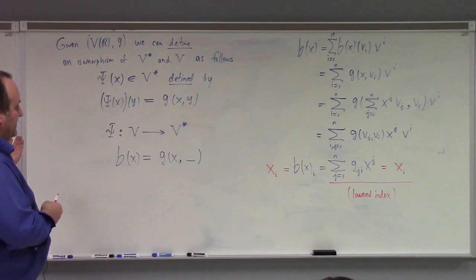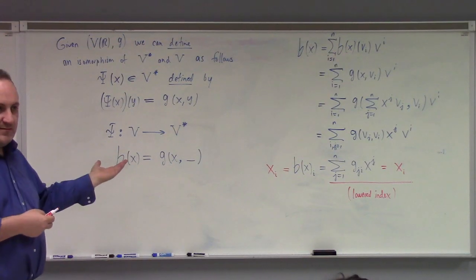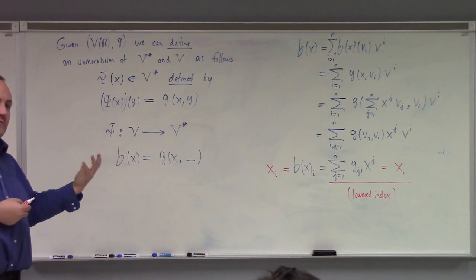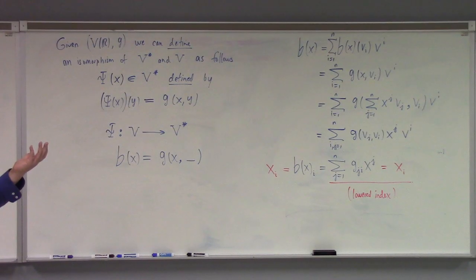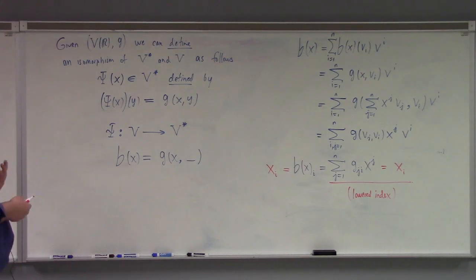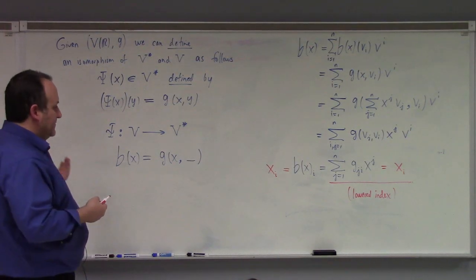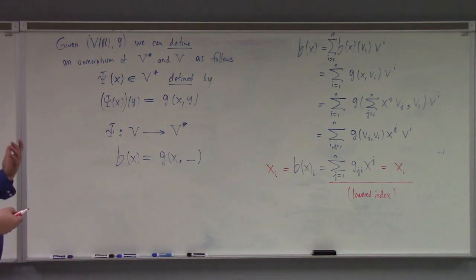So we can prove that this is clearly linear, and you can easily prove that the kernel of this map is 0. Therefore, it's invertible. And the inverse to the map is usually called the inverse metric, which is a bit of a misnomer because, of course, the metric is not invertible in the direct sense. It's a mapping from the Cartesian product of the vector space with itself to the field.